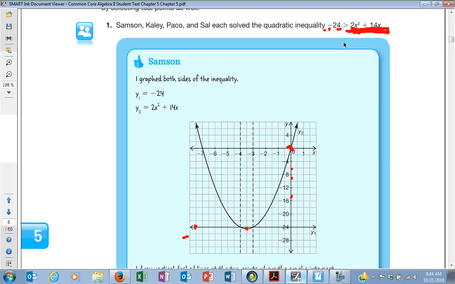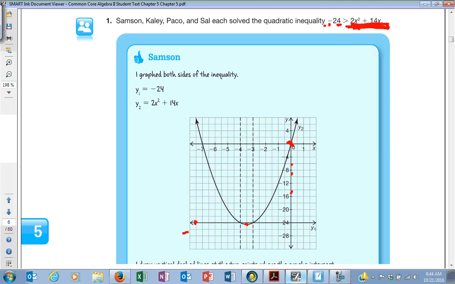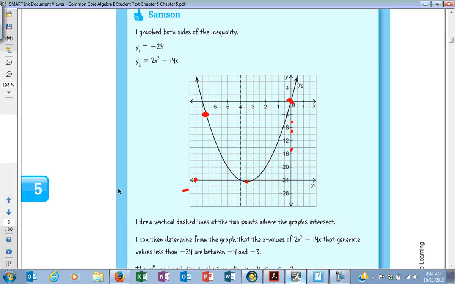Correct? Well, let's look. If I look here, is my y less than negative 24? No. How do I know that this point is not less than negative 24? Because it's above that. Is this point less than negative 24? My y. Do I care about the x right now? I'm trying to find the x's where y is less than negative 24. Are you with me? Yes or no?